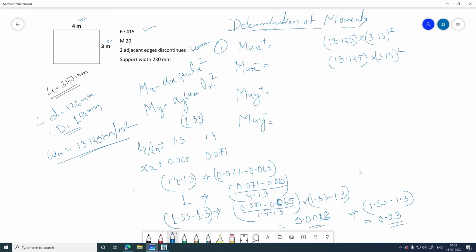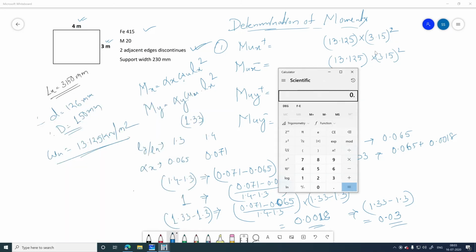So we know the value for 1.3, that is 0.065, right? So for 1.33, what will be the value? We just need to add this one. The corresponding value for 0.03 is 0.0018. So we add 0.065 plus 0.0018. So let's see what the value is.